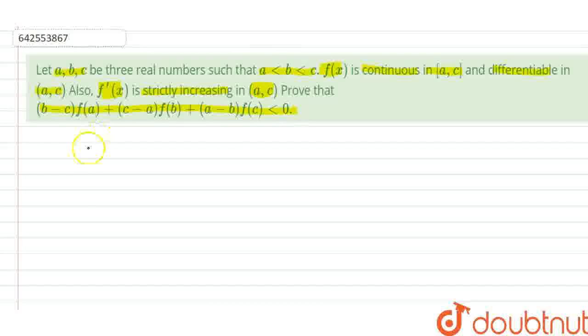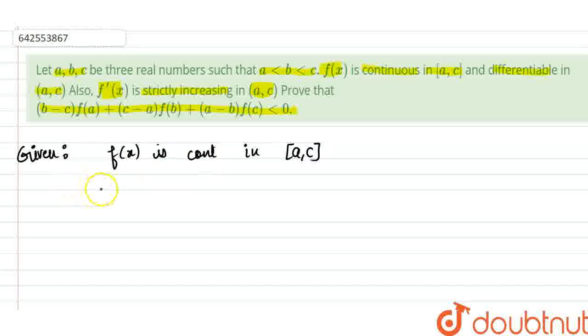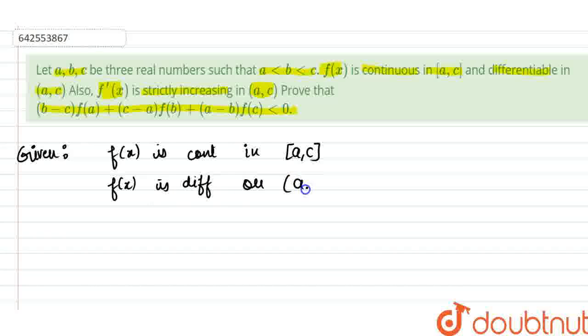So we will first write down the conditions that we have been given. So we have given that f of x is continuous in the interval a comma c, and it is also given that f of x is differentiable on the open interval a comma c.